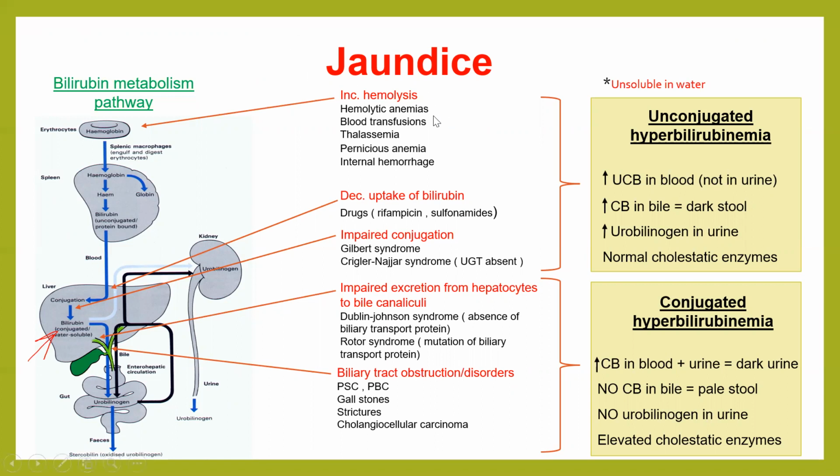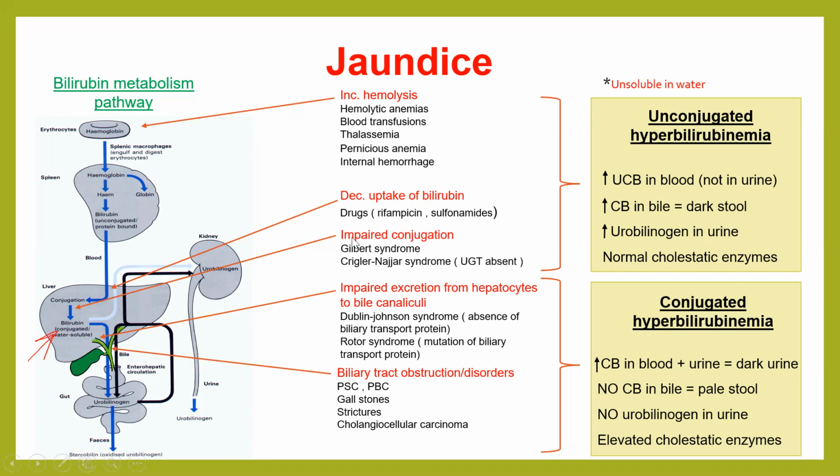Causes include hemolytic anemias, blood transfusions, thalassemia, pernicious anemia, or just internal hemorrhage. The next problem we can have is decreased uptake of bilirubin, and that can be because of some drugs like rifampicin or sulfonamides.